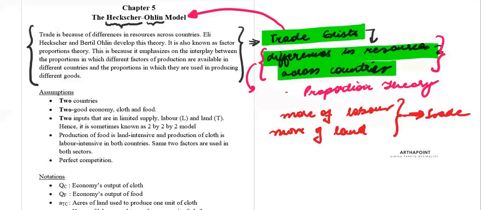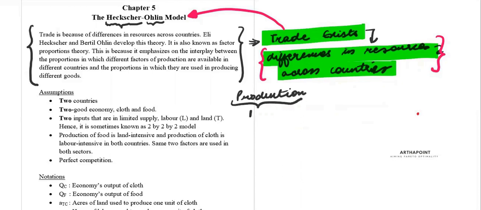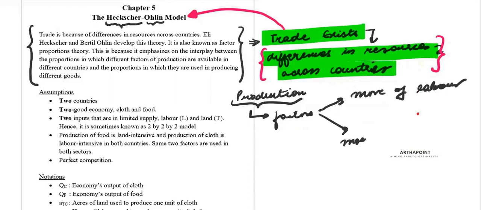Now let's take this ahead. In this case, what are we saying? We are saying that whenever we want to produce any good, we basically need factors. One good may need more labor. The other good may need more capital.